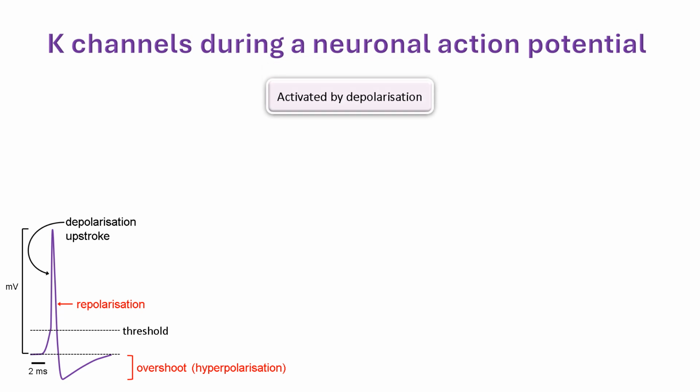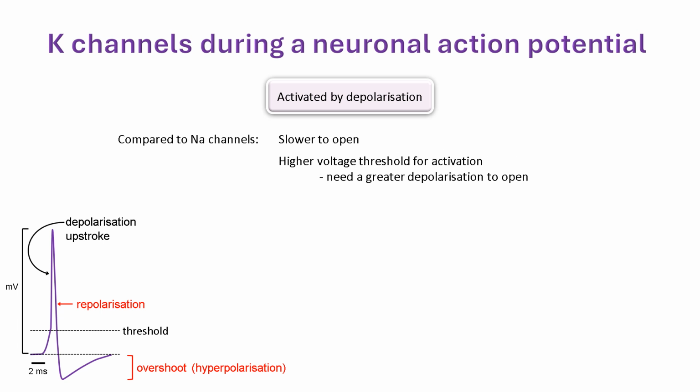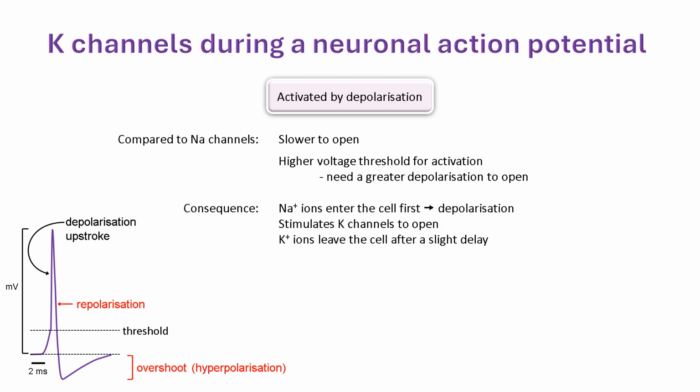So, when a membrane depolarizes and triggers the opening of sodium channels, it also activates potassium channels. But potassium channels are slower to open and they need a larger depolarization than sodium channels. That results in sodium channels opening first to create the upstroke, before potassium efflux becomes sufficient to reverse the effect of sodium ion entry and cause the membrane to repolarize.